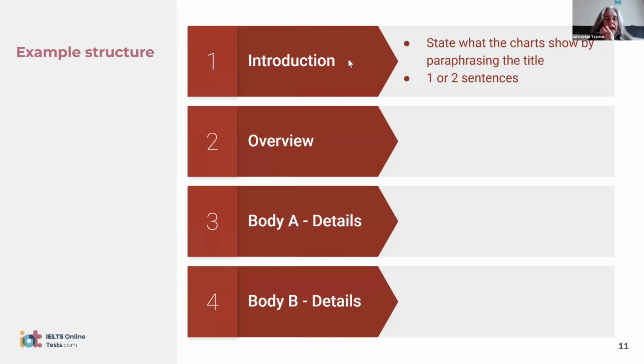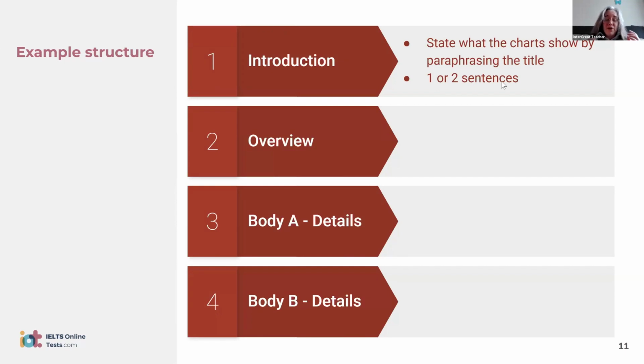Okay. It says here that you can do that in 1 or 2 sentences. So again, there are no specific rules about the number of sentences, but that is usually true. Okay, so the introduction for IELTS writing task 1 can often, in fact, just be written in 1 sentence.